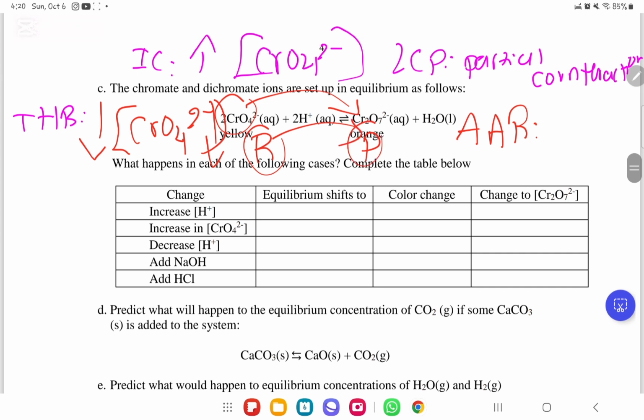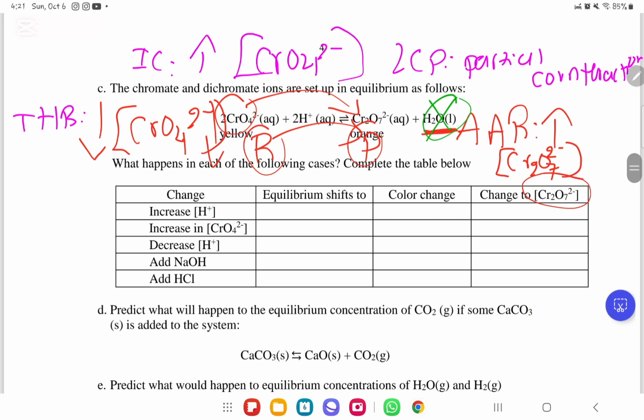So the concentration of Cr2O7 2- will definitely increase. Also, H2O is a liquid, so we don't have an increase in the concentration of a liquid. You have to pay attention: is it liquid or solid? If it's liquid or solid, the concentration will not be affected. Only if it's aqueous or gaseous. So definitely here the concentration of Cr2O7 2- will increase.